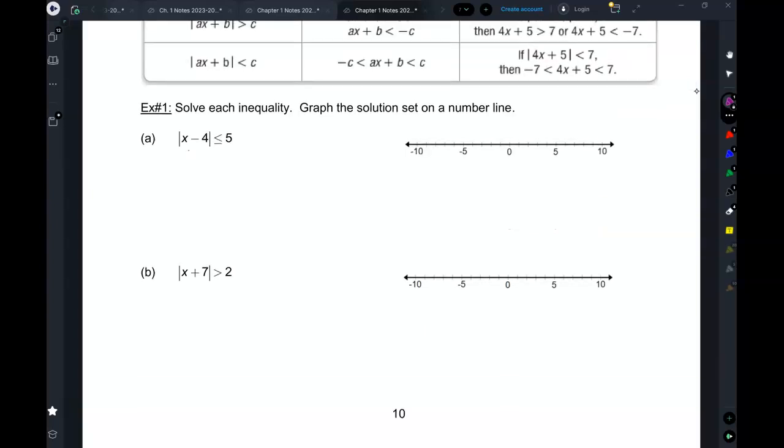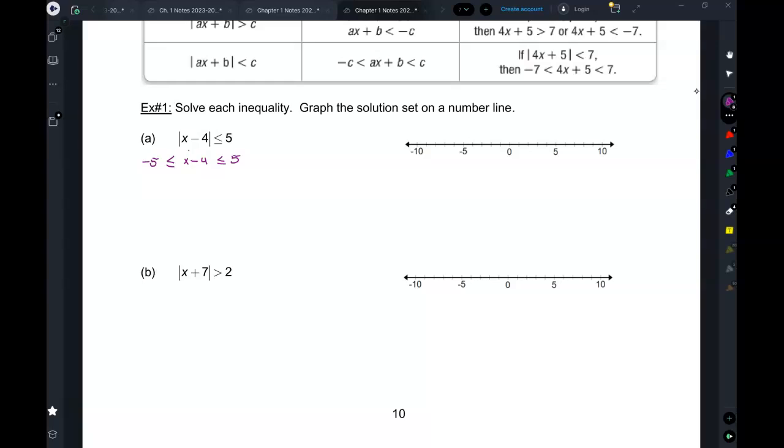Okay, so take a look at this one. We have absolute value less than or equal to 5. You want the distance to be less than 5. That's an AND inequality. So what I do is I say this is going to be bounded between -5 and 5, correct? So I say -5 less than or equal to x minus 4 less than or equal to +5. So you take whatever the absolute value is and you go between -5 and +5.